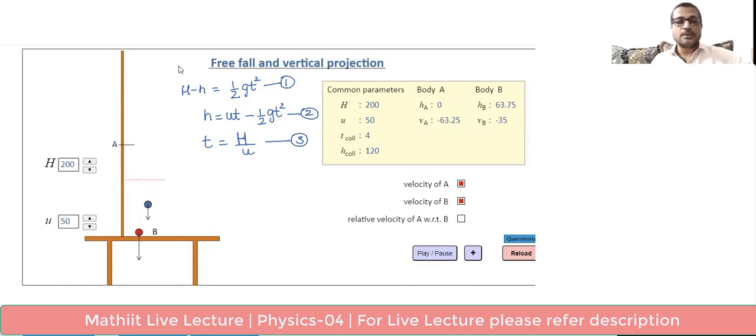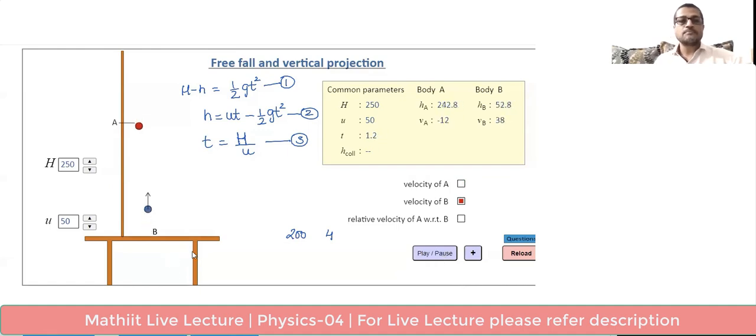So B is now coming down and there it reaches the ground. Notice this. For H equal to 200, the time of collision was 4. Let us make a note of that and then reload it and then increase the height. Let us make it 250.